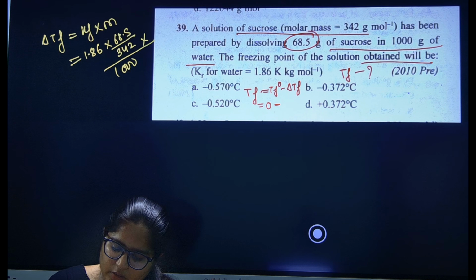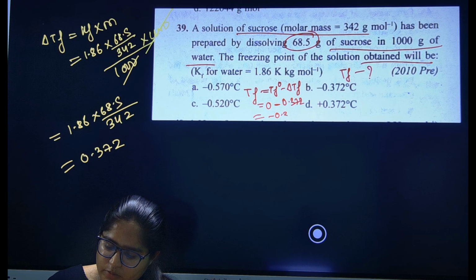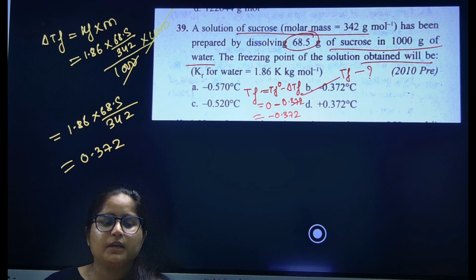So 1000 into 1000, so 1000 cancelled. We will get here 1.86 into 68.5 by 342, which will come 0.372. So I will write down here minus 0.372. So our answer will be minus 0.372 degrees centigrade. Option number B will be right answer.